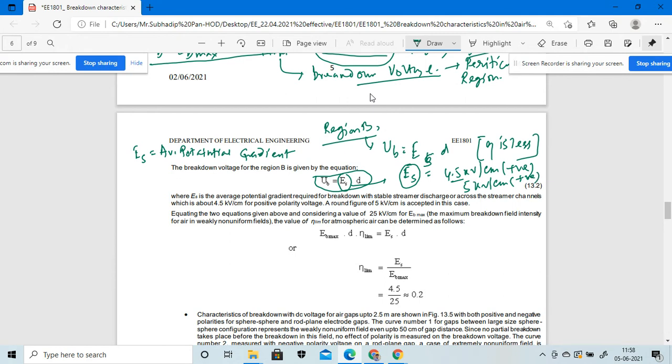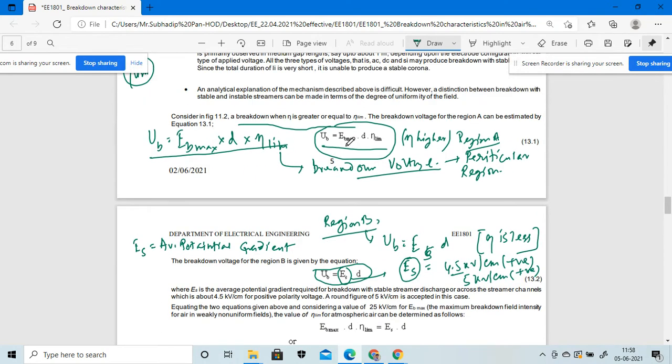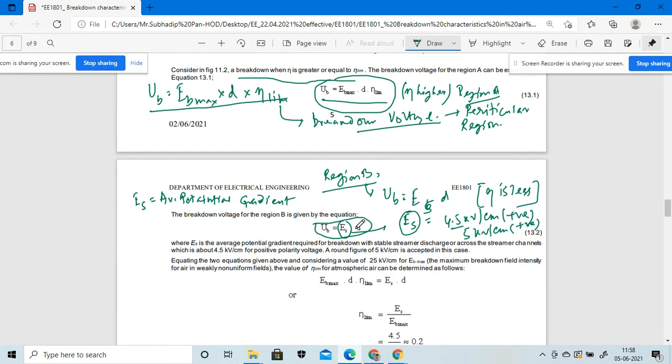If we simplify these two equations, equating the two equations gives the above, and considering the value of 25 kV per centimeter, that means we are increasing the value of E_s for breakdown with a stable streamer distance.